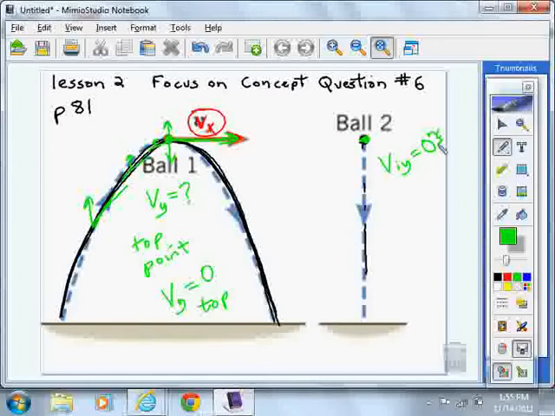So basically, how does the vertical motion of this projectile, as it's doing this, compare to this vertical velocity as it's dropping straight down? What's the difference? It's got to be the same.